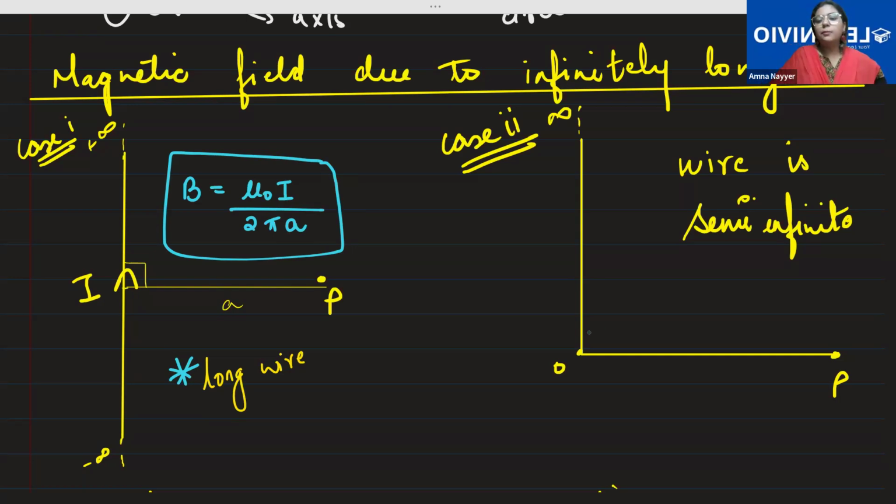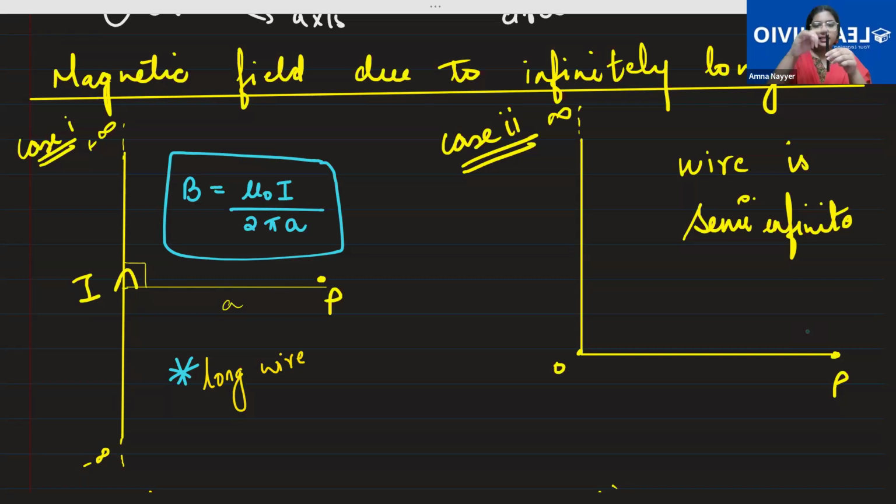Second, we have the point and the wire is semi-infinite. This is the wire, this is the edge which is fixed, and at this point we have to calculate the magnetic field. The other end is extending up to infinity.